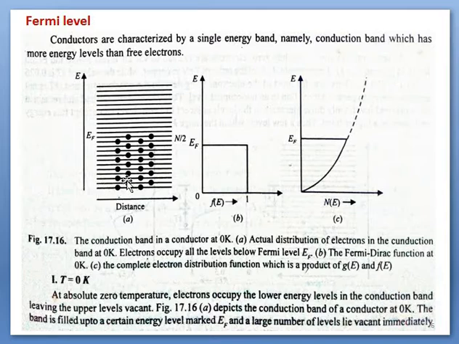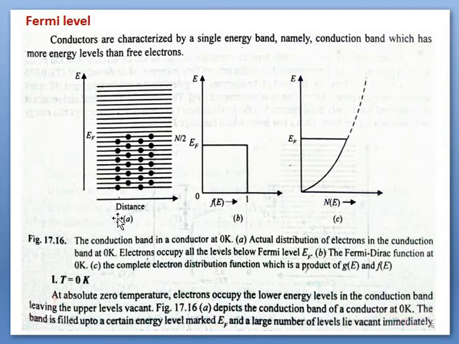So energy levels are filled by 2 electrons up to an upper energy level, which is called the Fermi energy, at 0 Kelvin. So the Fermi energy level is the level up to which electrons are filled, and the upper energy levels are empty.